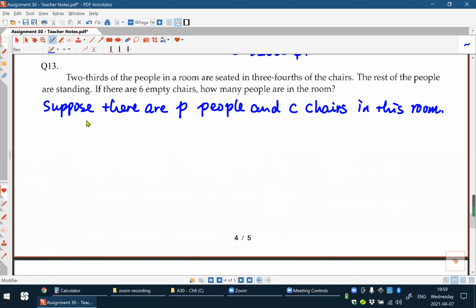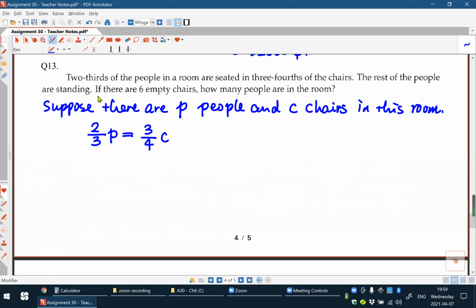Okay, so what relationship do we have? First of all, 2/3 of the people are seated. So that means 2/3 of P should equal 3/4 of the chairs, 3/4 of C. That's the first relationship, right? What else do we know?